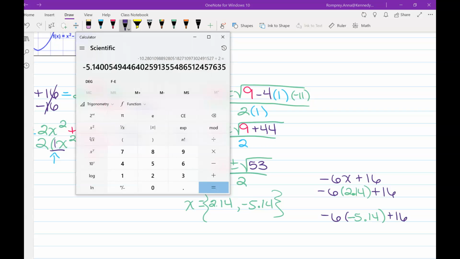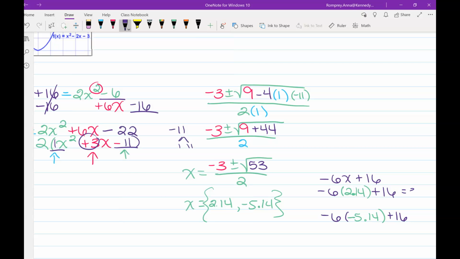All right, so get out our handy dandy calculator. And yes, if they're wanting you to do this, they're going to give you a calculator. Let's see. Okay, so negative 6 times 2 and 14/100 equals, and then I'm going to add my 16. So my first y value, 3.16.